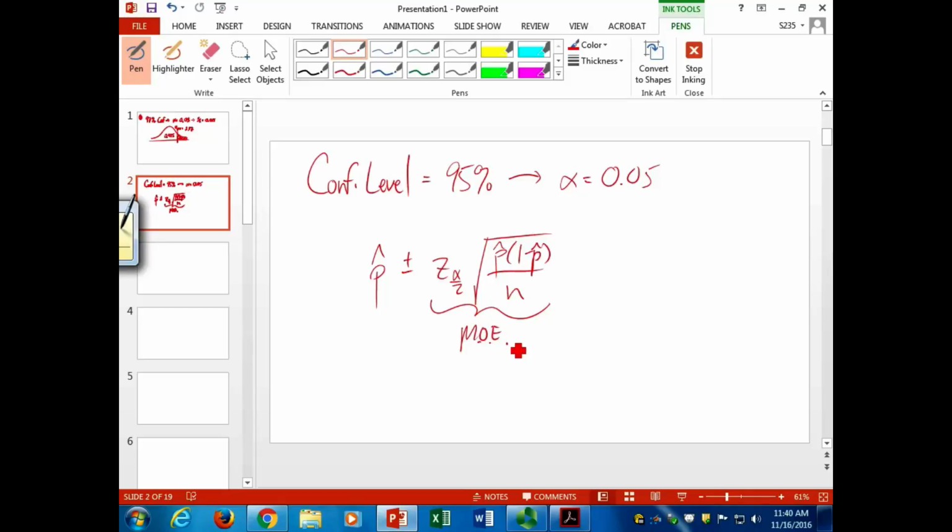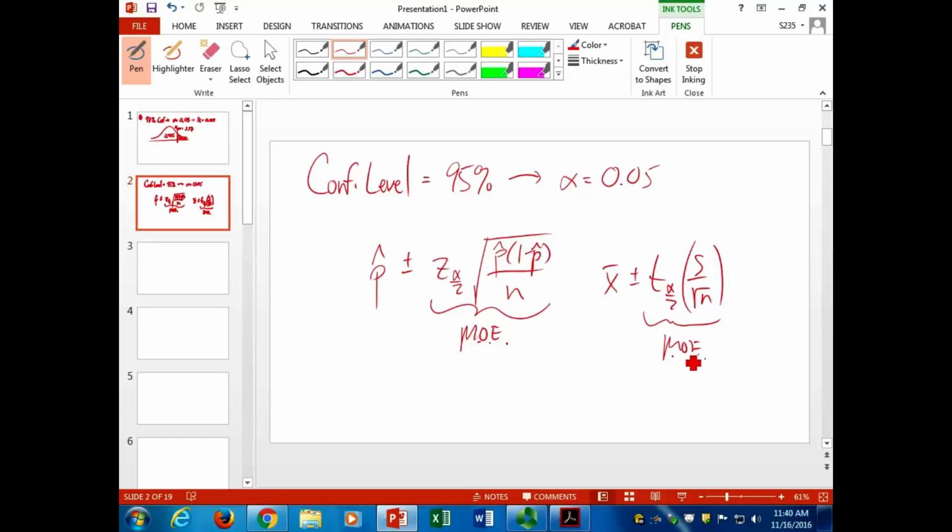So after you take your alpha level and go get a z multiplier, or potentially a t for a t interval, then you multiply all this stuff together, and that value that you're going to add and subtract, that's your margin of error. Your margin of error can change based on your results and your sample size and all that stuff. Your alpha level is fixed at the beginning based on your confidence level.